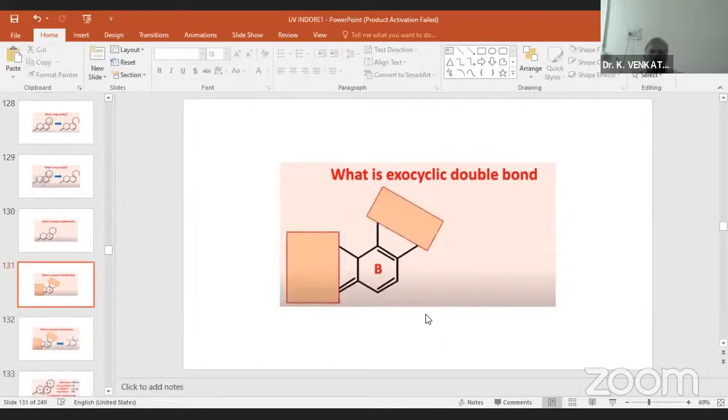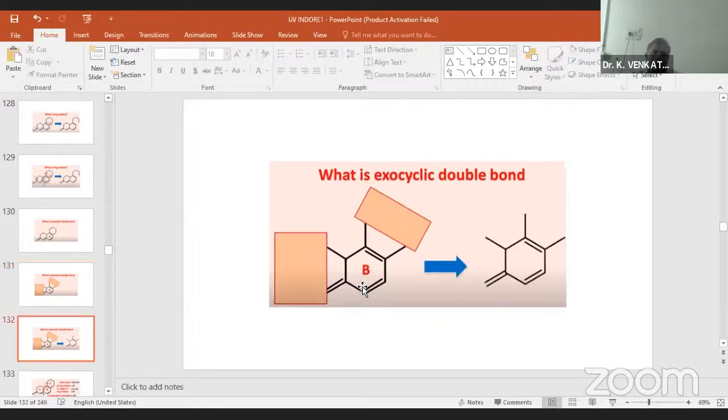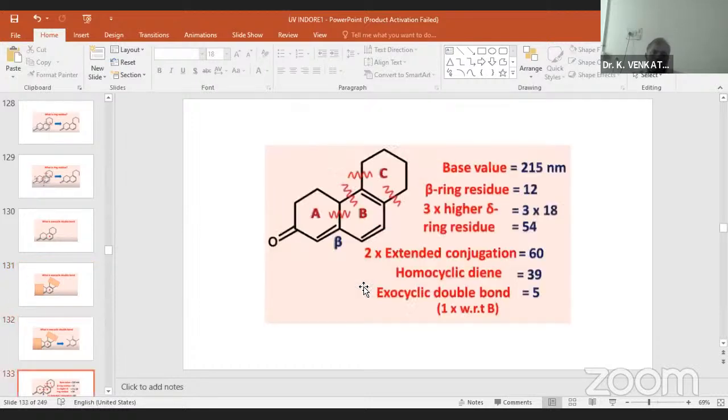So what is the value? In ring B, an exocyclic double bond is present. So what is the value?